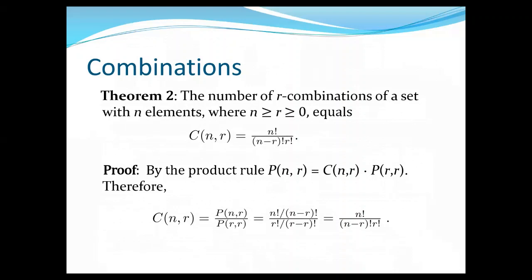So, ngayon, sa formula, the difference of permutation and combination is this r factorial. We include the other part, yung ibabawas natin sa n, will be part of the denominator.